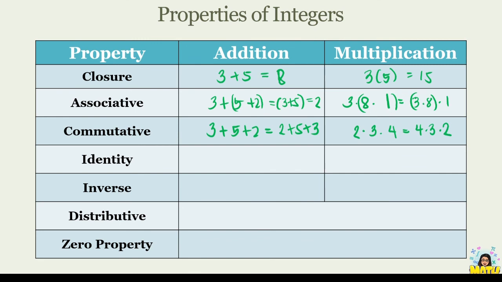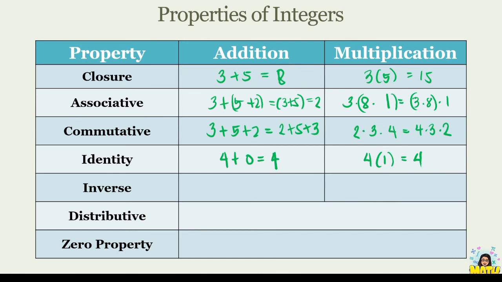The next one is the identity. The identity element for addition is 0 because any number added to 0 is the number itself, while in multiplication, the identity element is 1 because any number multiplied to 1 is the number itself.